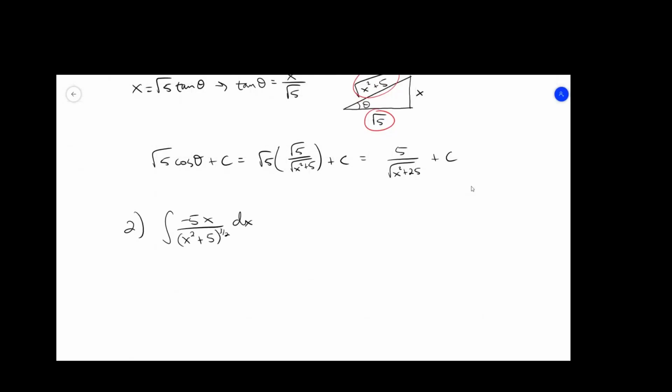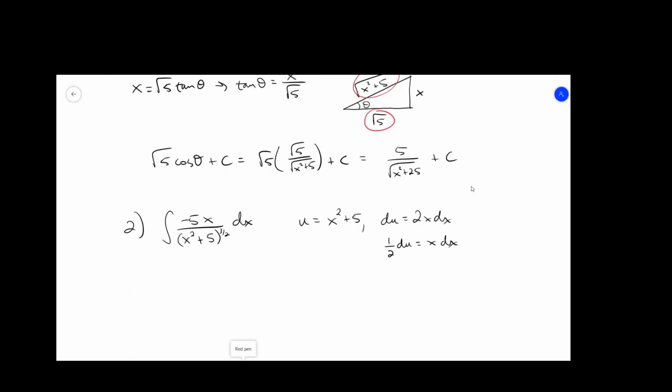So if we're going to do this by regular substitution, we can just say that u is equal to x squared plus 5. And then du is just the derivative of that, which is 2x dx. Then we can divide by the 2 and get 1/2 du equal to x dx.